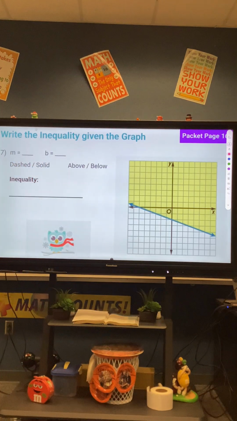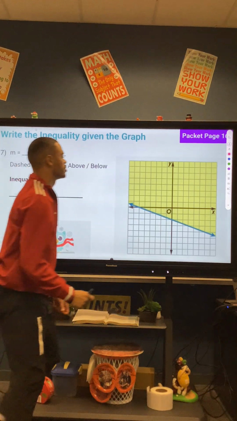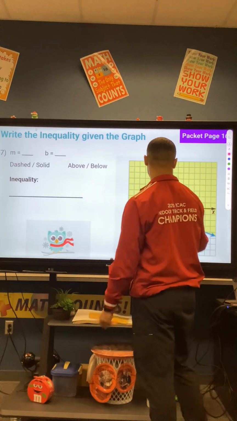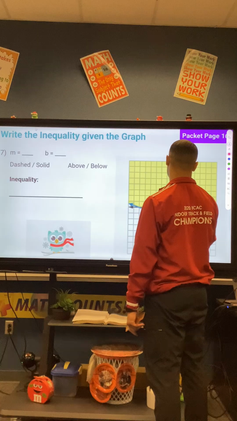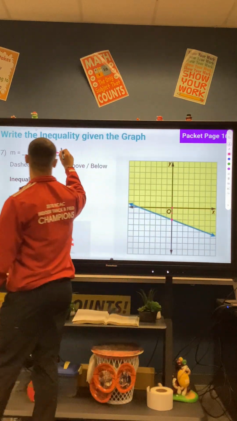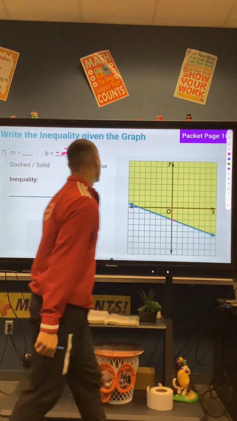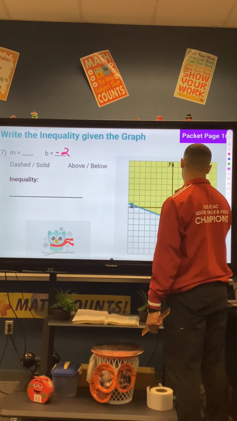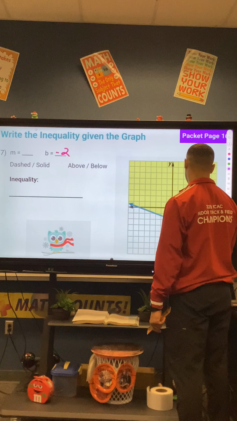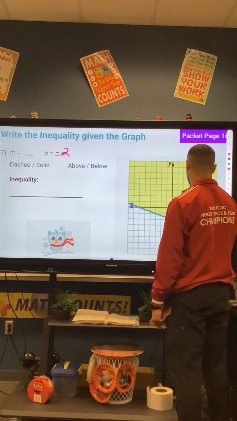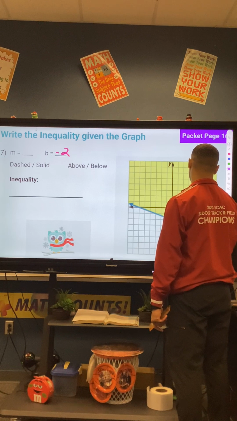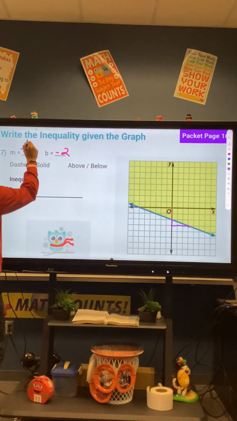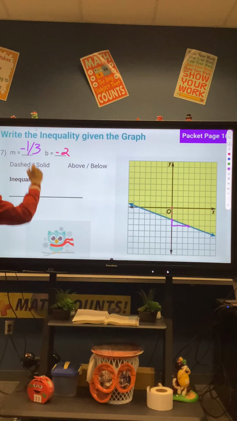So, my M value. Actually, let's start with my B value. My B value is at a -2. That's what my y-intercept is at 0, -2. My M value from this point, I'm gonna come until I hit the line, another grid point on my graph, which is down 1 over 1, 2, 3, making my M value a -1 over 3.